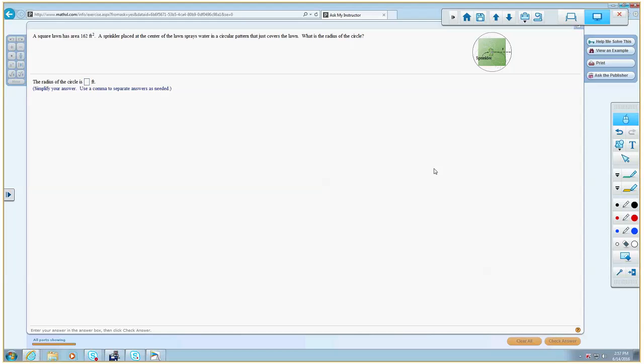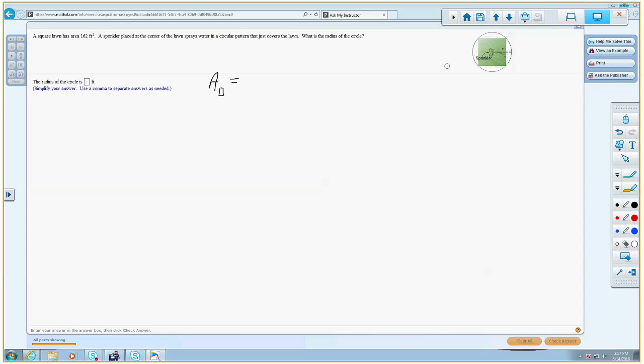Well, of course, we've got to start with some formulas. We know that the area of a rectangle or square is length times width.